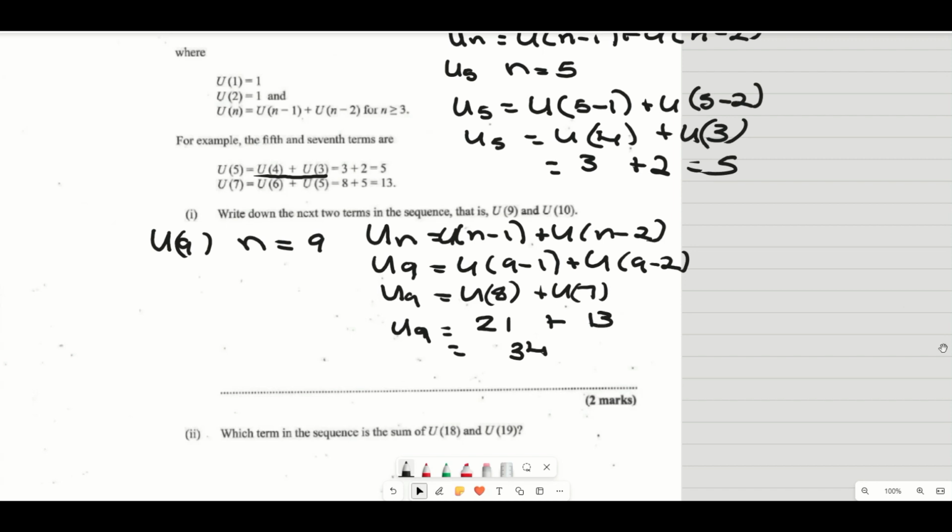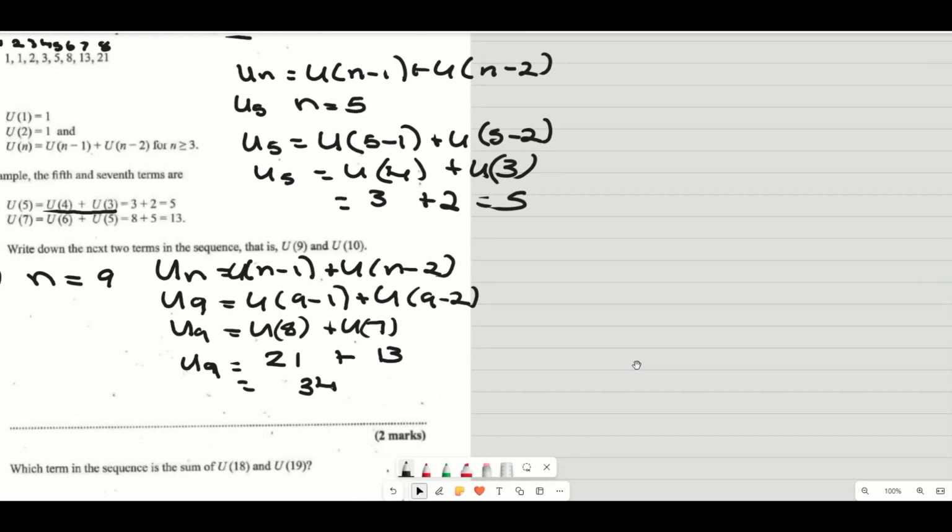And then we're going to do the same thing for u10. u10 means n is equal to 10, and you put it in this formula here. Let's underline the formula that they gave us. So it's going to be u10 equals u(10 minus 1) plus u(10 minus 2).